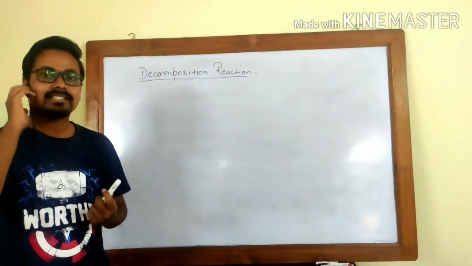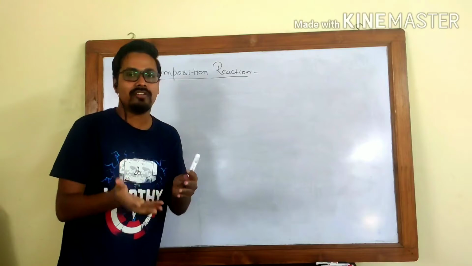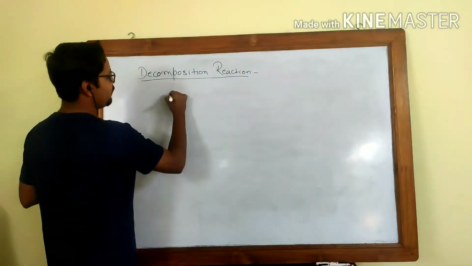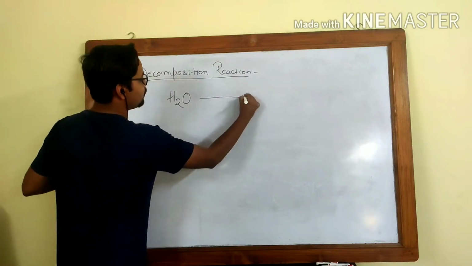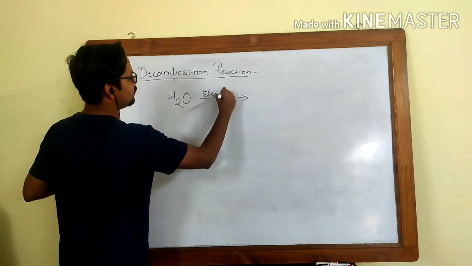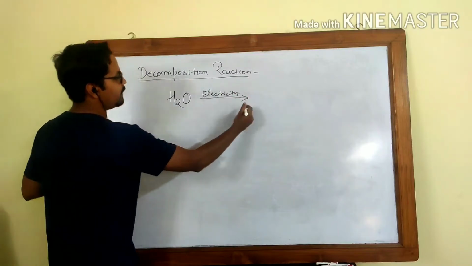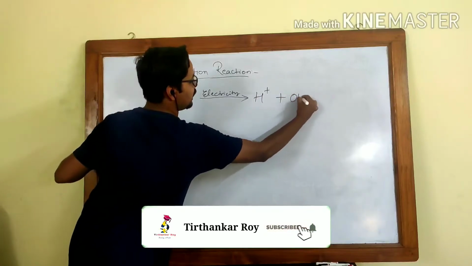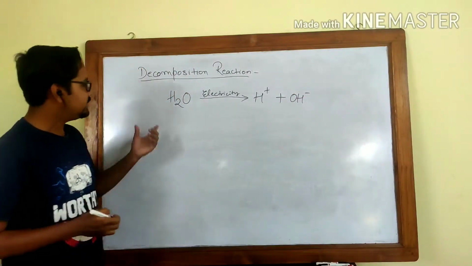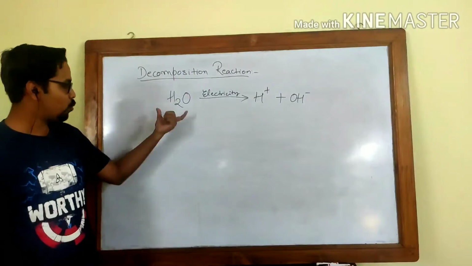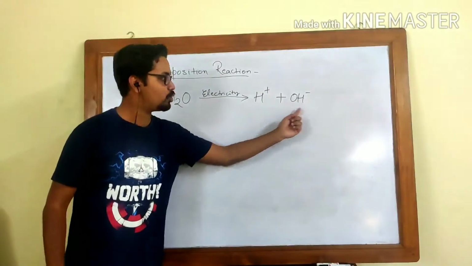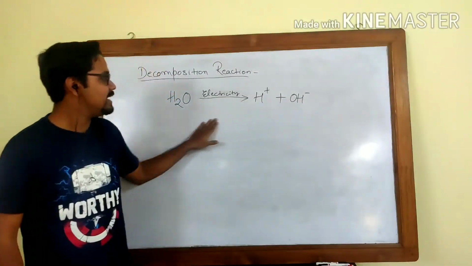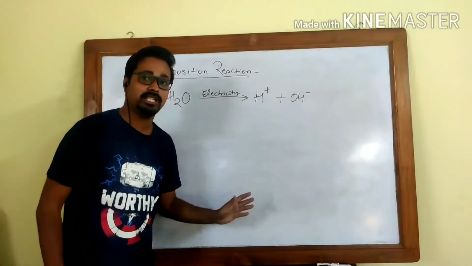One of the very easy examples is water breaking down to give hydrogen ion and the hydroxide ion in electrolysis. If we put electricity here, in the presence of electricity, water breaks down to give hydrogen ion and one hydroxide ion. So this is one example of decomposition reaction, one component giving out multiple products, and here the products are in ionic form.